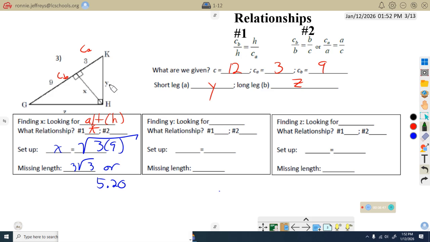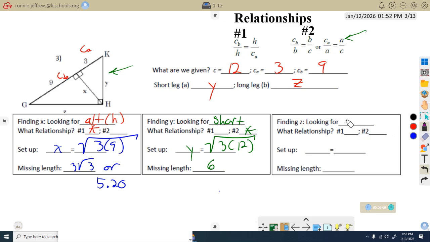So Y, this would be the short leg. So Y would be the square root. All right, so that's this one, 3 times 12.